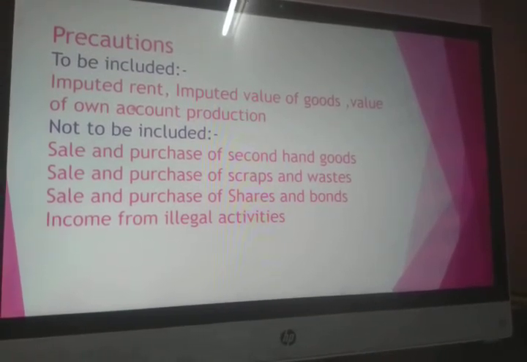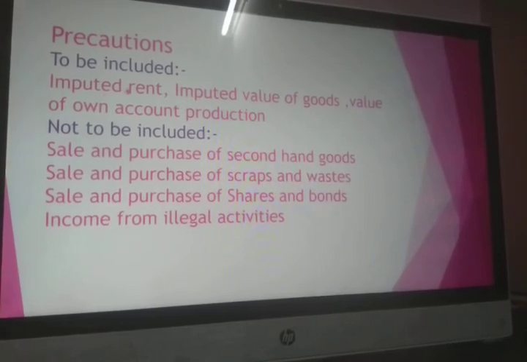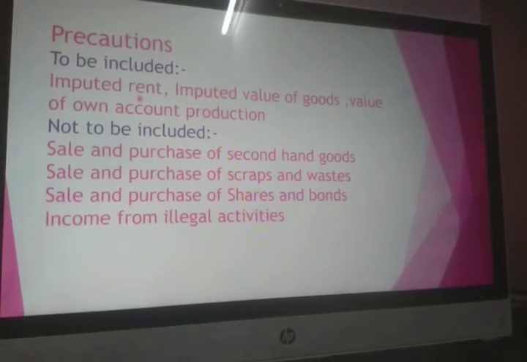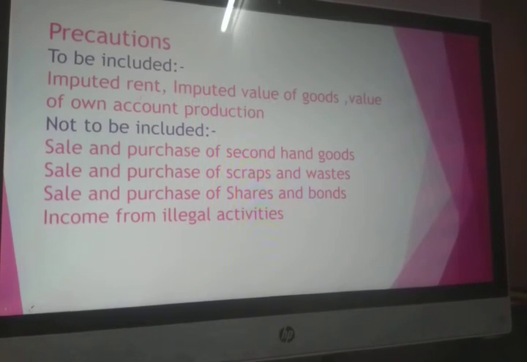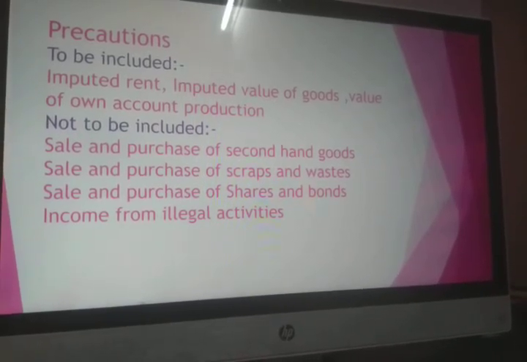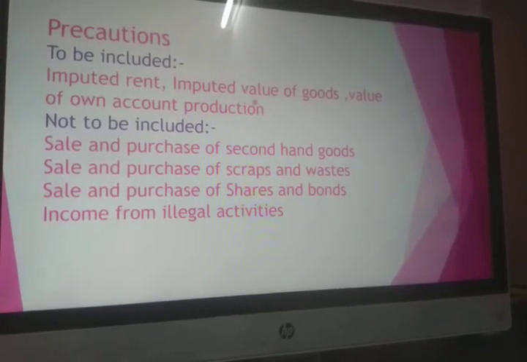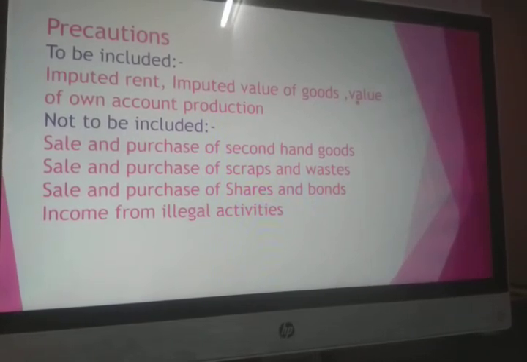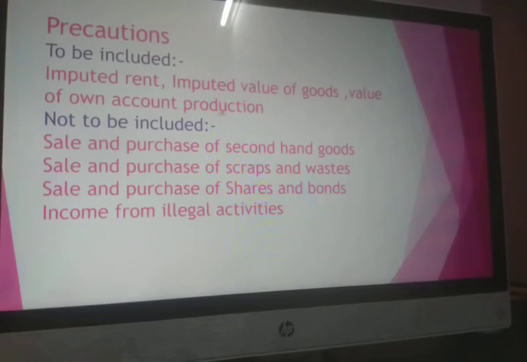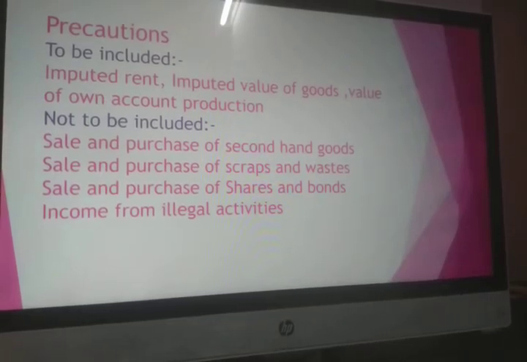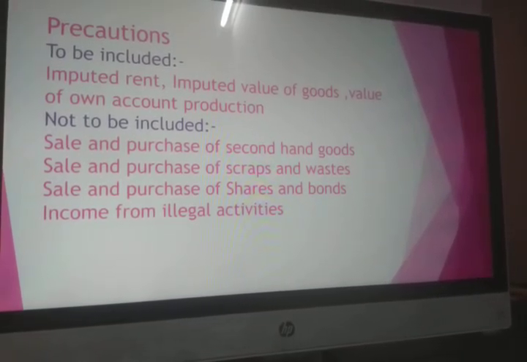That means any producer who is using his own property and giving rent to himself, or any producer who is using certain goods of his own, and the value of those goods is given to himself. In the same way, if a particular producer is producing a certain amount of commodity which he is again using for his production, then that will be considered as a part of your domestic income in the product method.